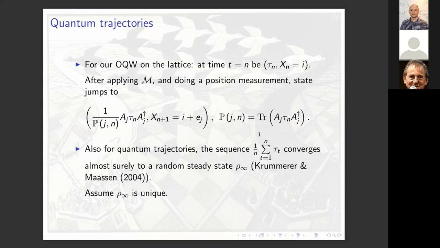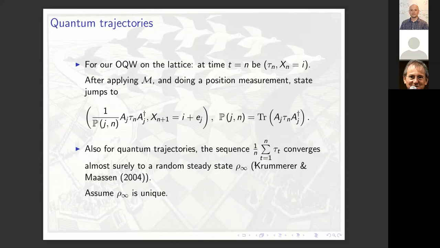It can be proved, at least in this very nice paper by Kümmerer and Maassen, 2004, that this time average sequence converges almost surely to a random steady state rho.